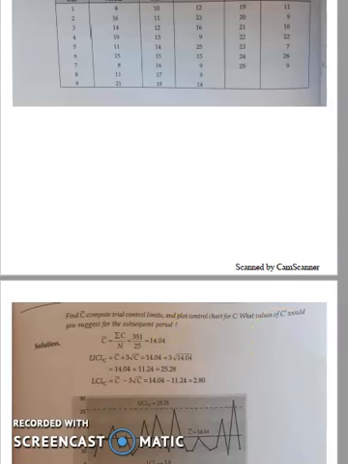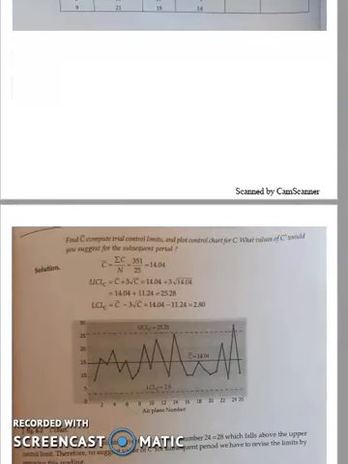Okay, this is a very simple chart. Here first you have to calculate c-bar, the summation of C divided by N. You have to calculate the summation of all missing rivets and divide by 25 aeroplanes.